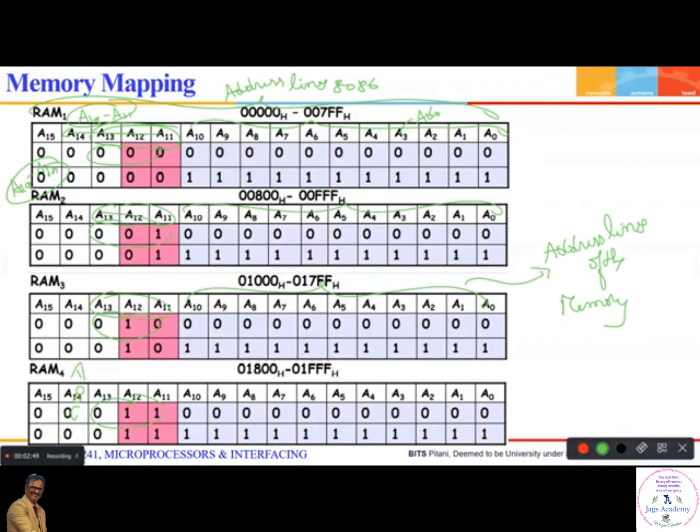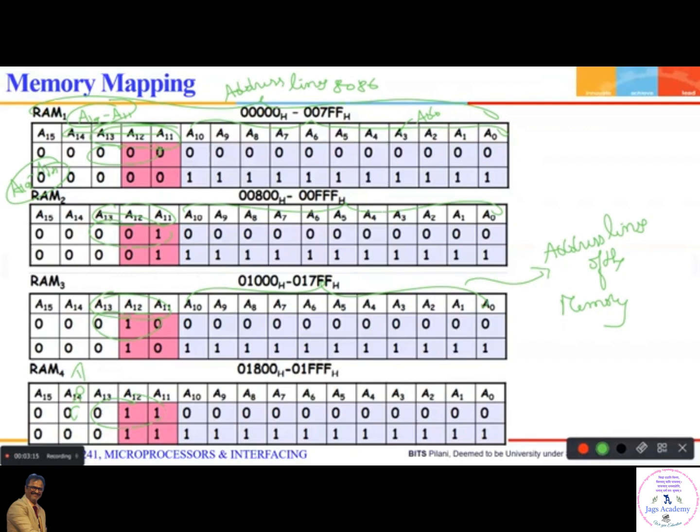Out of that, A0 to A10 are used for connecting directly to the address lines of the memory itself. Hope all of you remember what I told you in the previous class. Can you tell me why A0 to A10? Why 11?